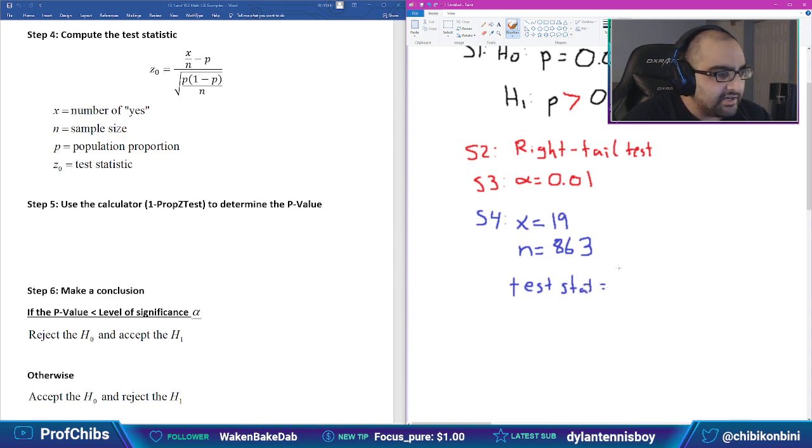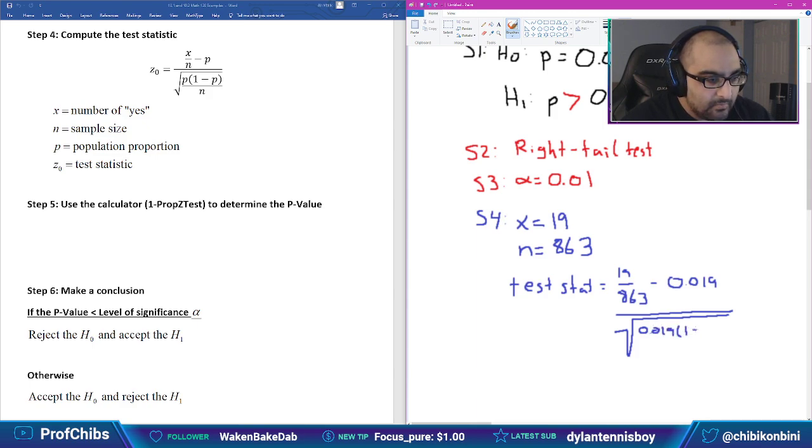So the test stat is going to be 19 over 863 minus our P, which is 0.019. We'll divide that by the square root of 0.019 times 1 minus 0.019, divided by 863.